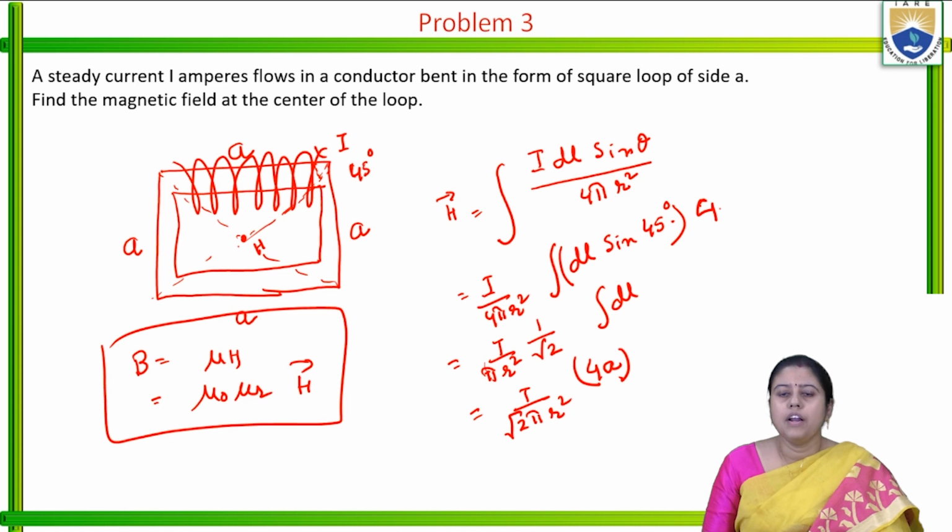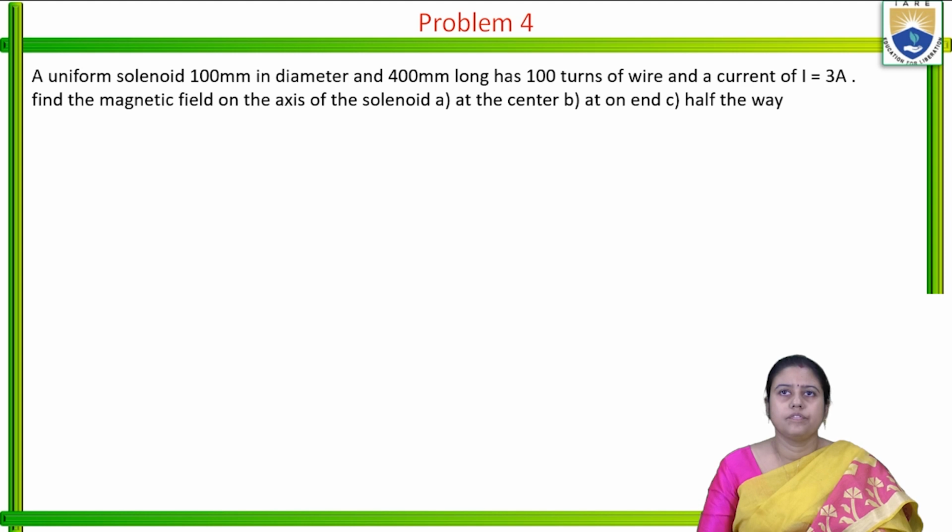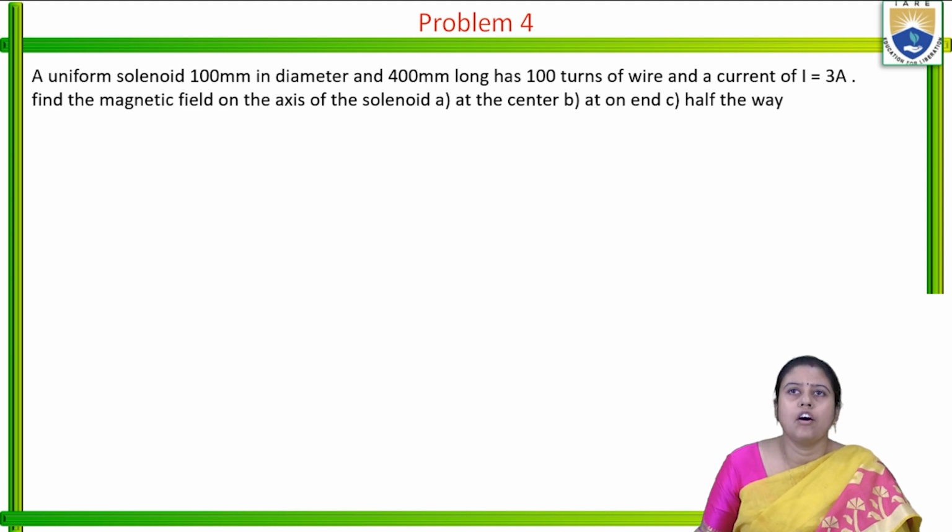So this is our problem number 3. We have a square, so the conductors are on this and the angle is 45 degree. A uniform solenoid is 100 millimeter in diameter and 400 millimeter long. The current I is flowing.